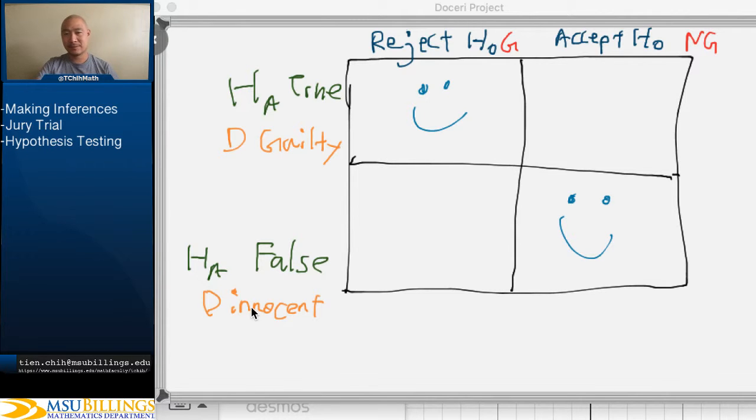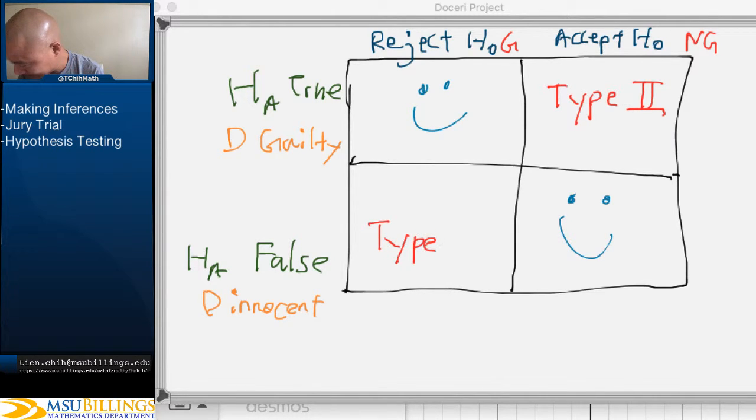And so we have names for these two types of error. So this over here is a type 2 error, and this in the bottom left corner, you may guess, is a type 1 error.